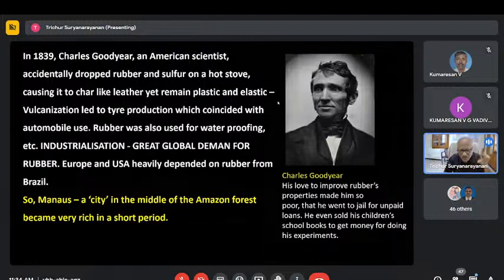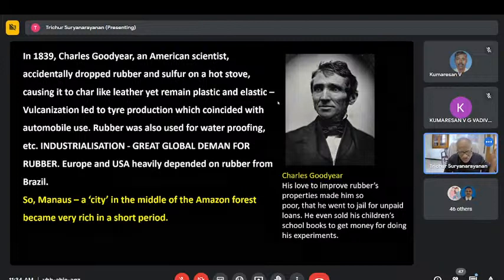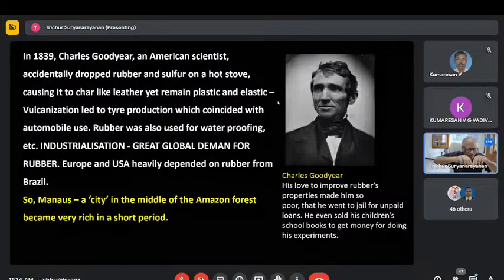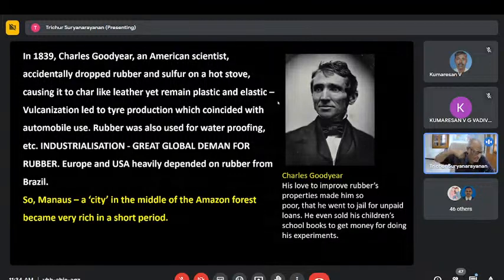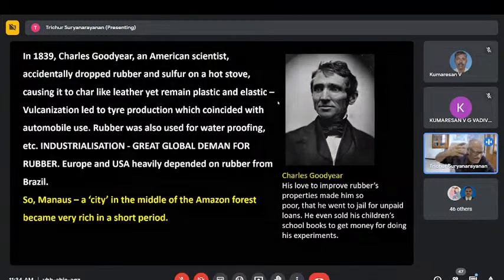Goodyear showed that if you get a tire and vulcanize it, then you can use it. So then rubber was used for waterproofing, for rubber shoes, and then raincoats, and then for cycle tires, tires for cars. And there was industrialization everywhere.